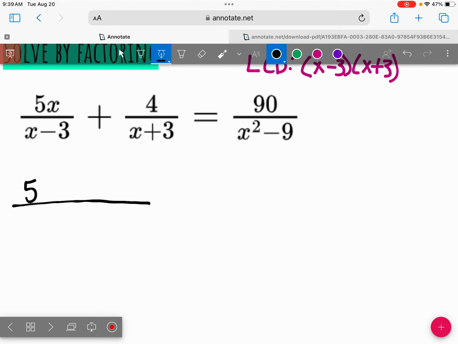So I'm going to have my 5x over x minus 3 times that common denominator of x minus 3, x plus 3.